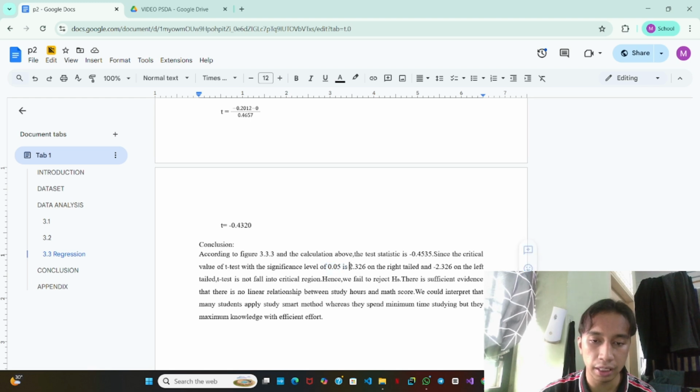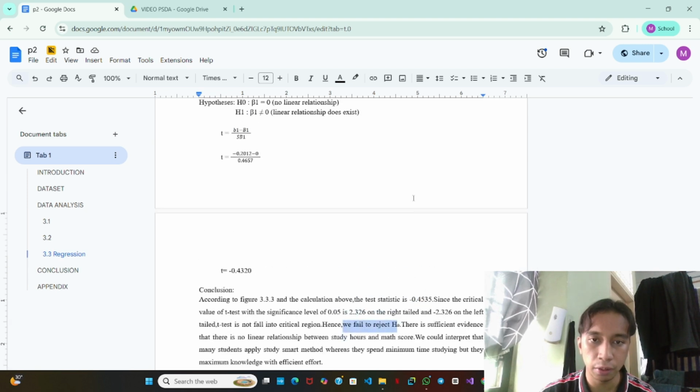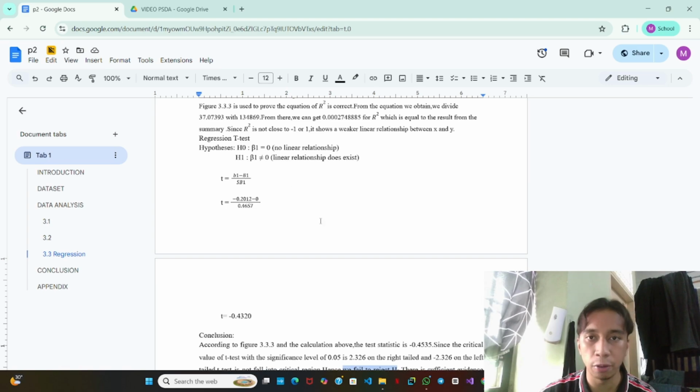So our T critical is 2.326 on the right tail and negative 2.326 on the left tail. From the T graph, our T value is in the middle. So when it is in the middle, we fail to reject H null. So we accept H null. So it tallies with our graph.